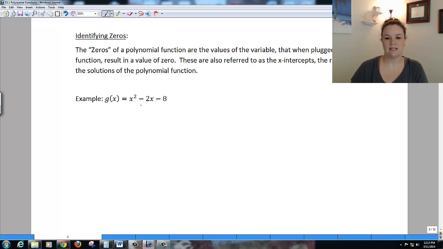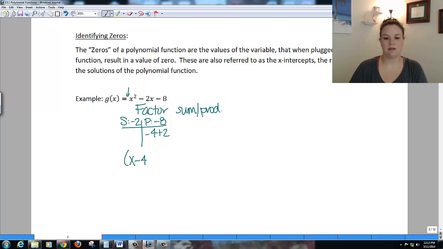In this case, I can factor this, right? I can factor using sum product. I need something that sums to -2 and multiplies to -8, which in this case would be -4 and +2. Since my leading coefficient is a 1, I can use my shortcut. So this factors into x minus 4 times x plus 2.